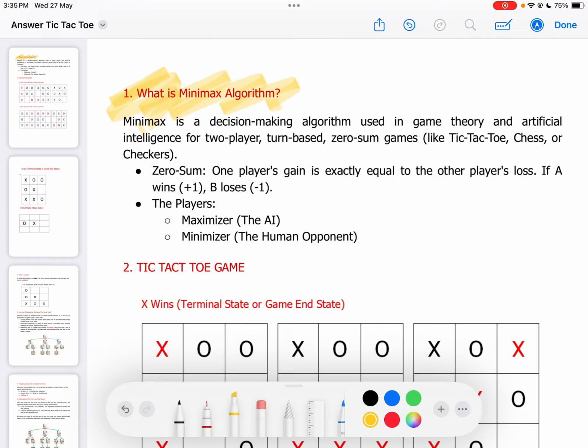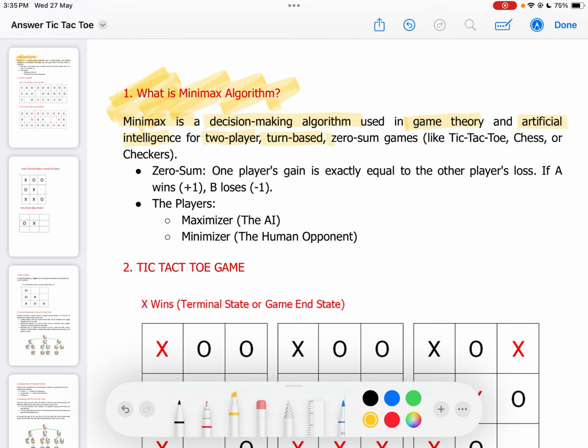Here the AI uses the Minimax algorithm for decision making, used in game theory and AI. This is a two-player, turn-based game where player A and player B play. One is going to be an AI, another one is going to be a human.